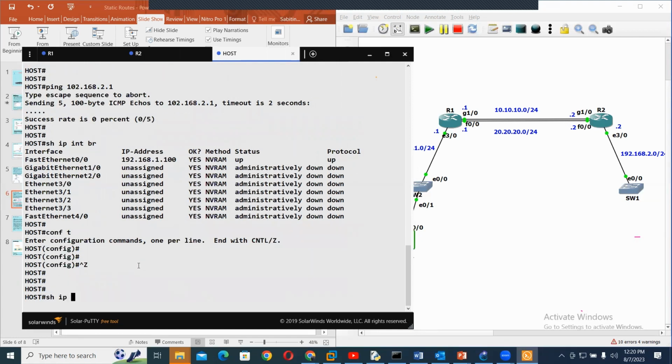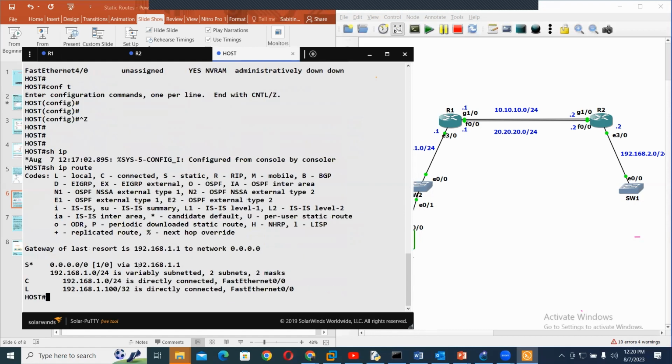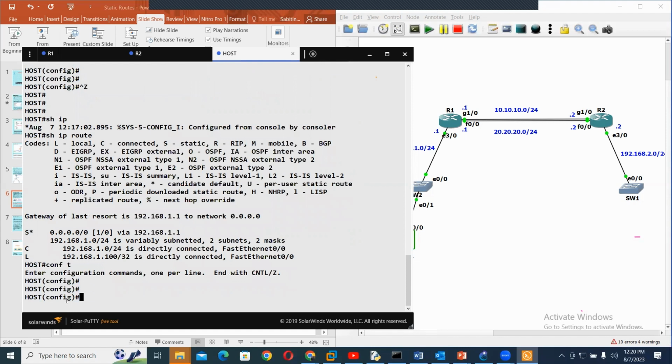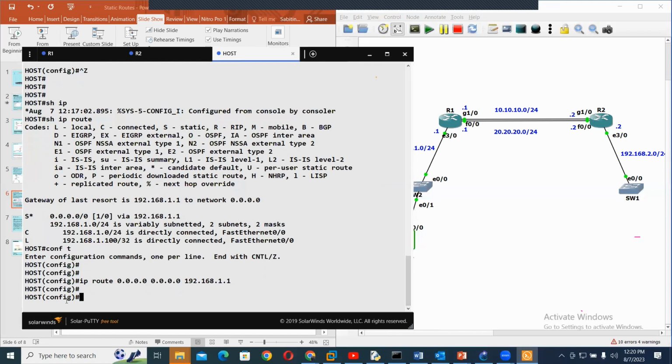Let me check something. Show IP route. I want to configure a route so that I can do the trace routes and pinging. IP route 0.0.0.0, and I have to add my gateway 192.168.1.1.